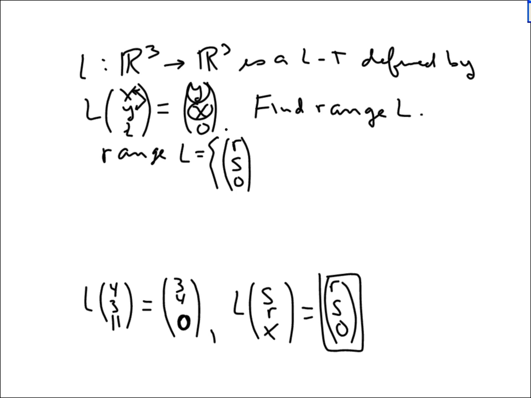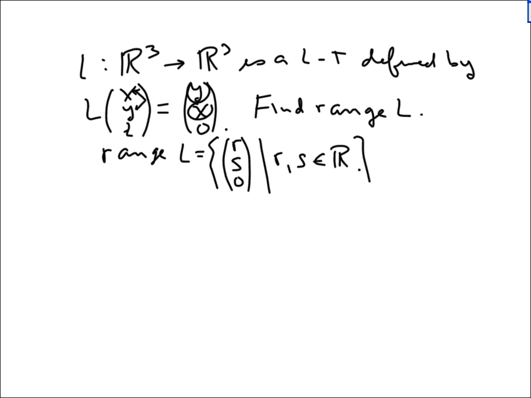They don't even have to be the same as one another. But the third entry has to be 0. R and S are just real numbers. Now, of course, there are other ways of doing this.